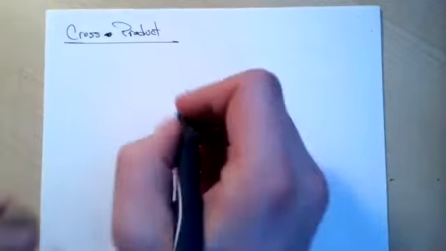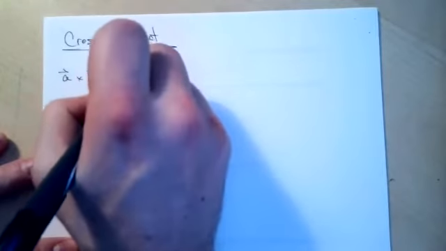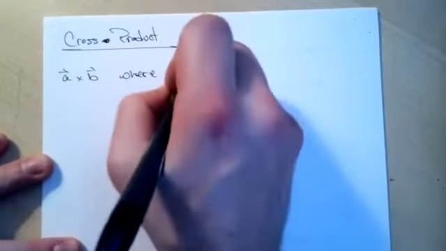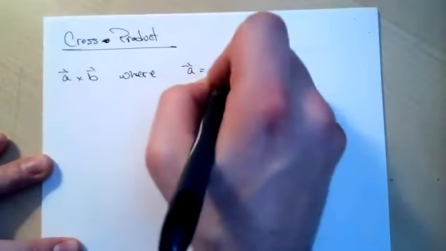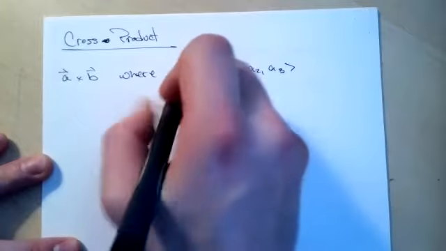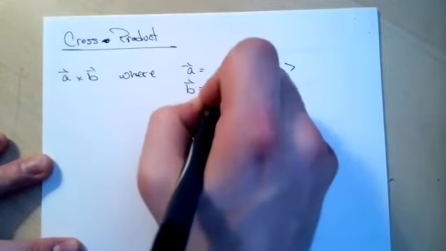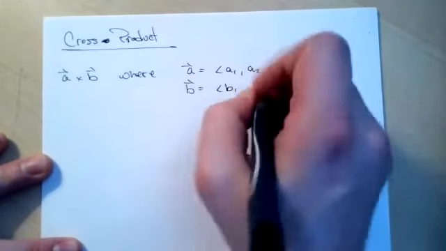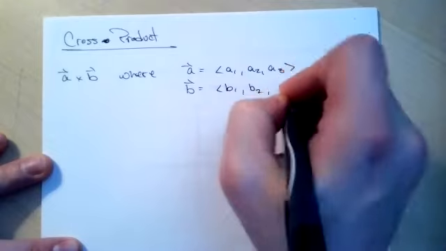So through the preview assignment, you should have covered the basic computation. So if you have A cross B, where A is going to have coordinates A1, A2, A3 and B is going to have coordinates using the same letters, B1, B2, B3.